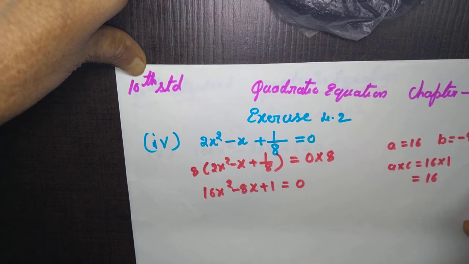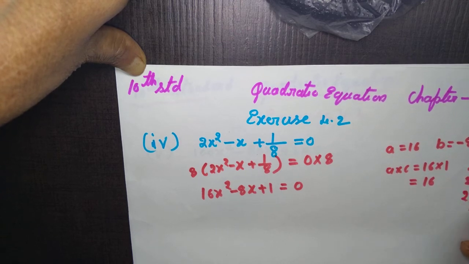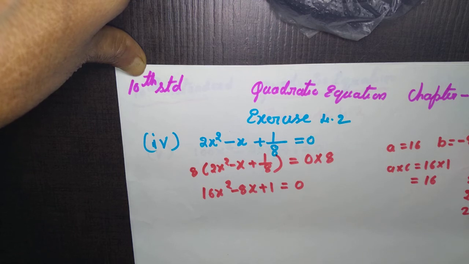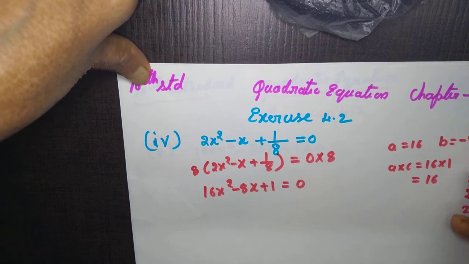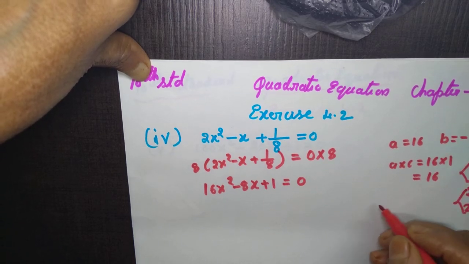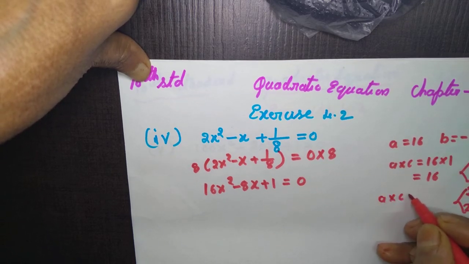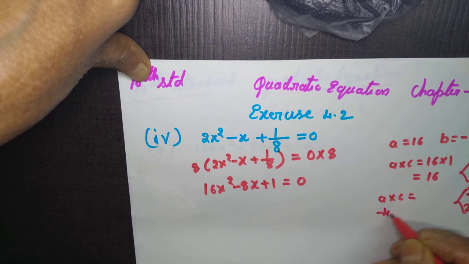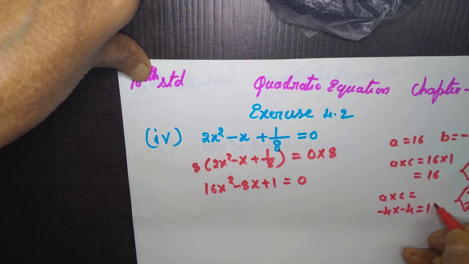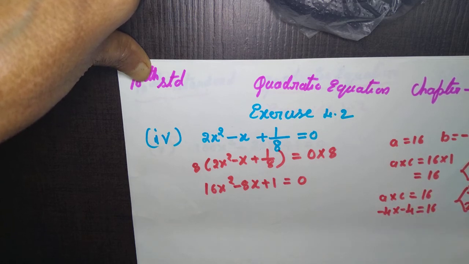2 8s are 16, 2 4s are 8, 2 2s are 4 and 2 1s are 2. Then when you add them, you should get the middle term, minus 8. What you have to do here: take minus 4 into minus 4, that is equal to plus 16, because minus minus will become plus.